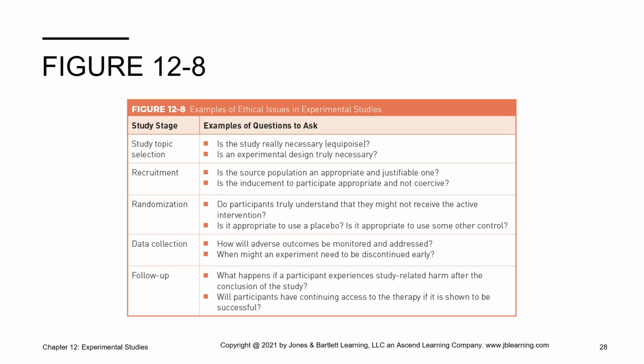So you want to make sure there is that genuine uncertainty. And is the experimental design truly necessary? So does it need to be a randomized clinical trial? Or can it be a study where there is some participation from the participants in what they receive? Are they able to select being in the intervention or the control group?